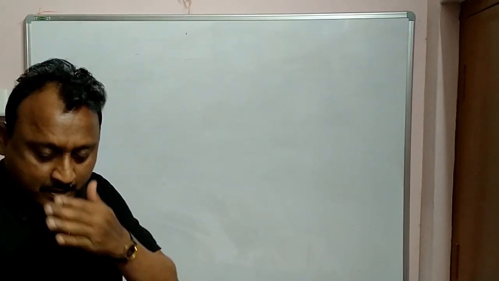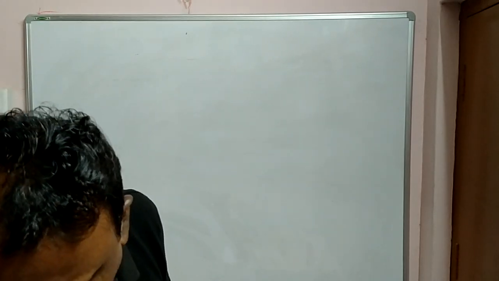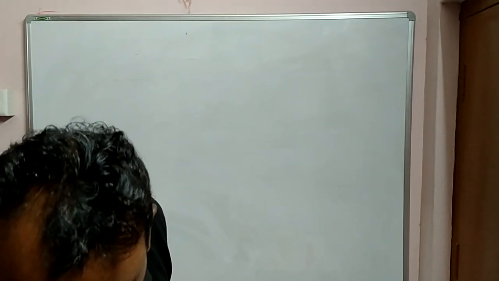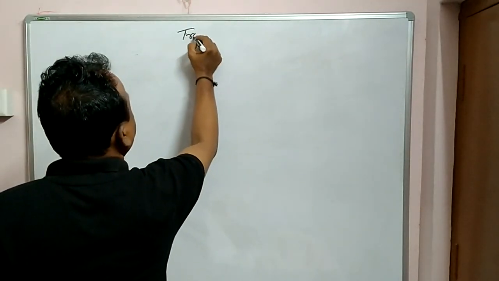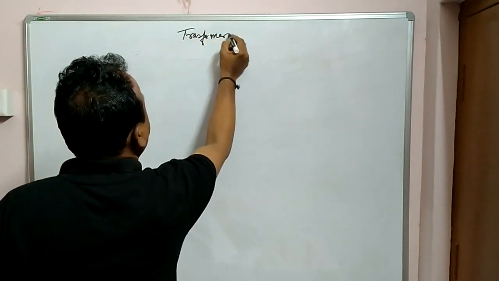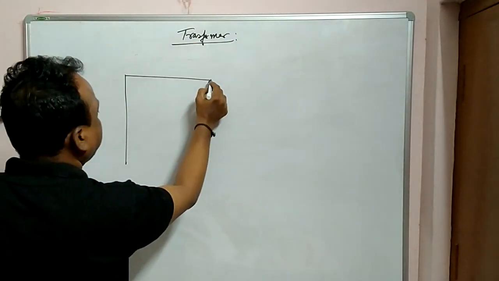Okay? Now I am coming to the last point in this chapter to end up, that is nothing but the transformer. See, you all know the basic structure of a transformer.